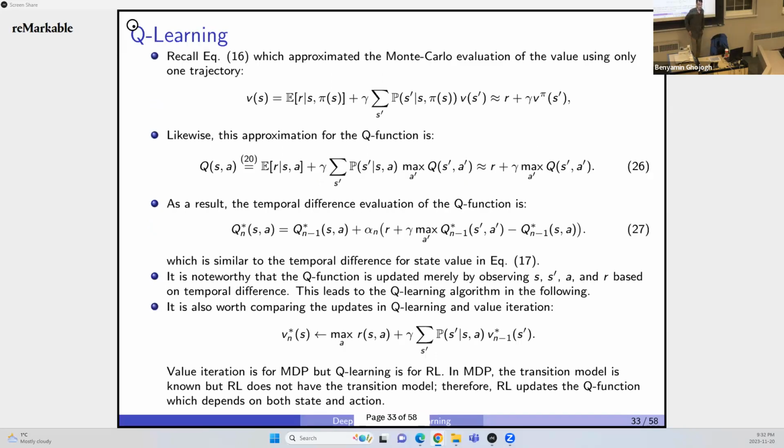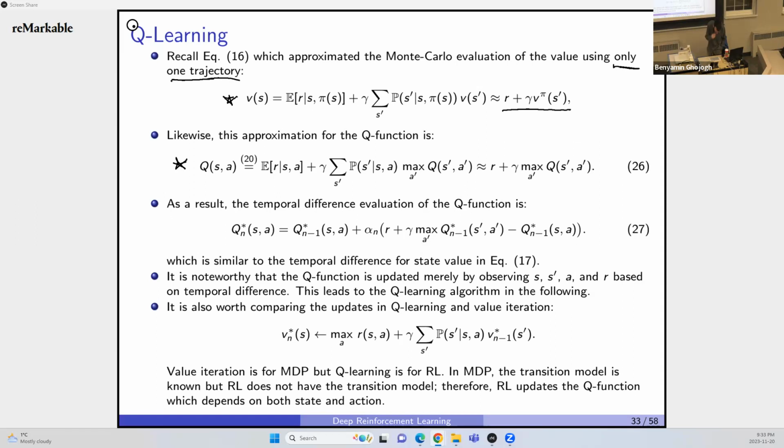Where were we? Do you remember this value which we evaluated? This is the Bellman equation, but evaluated by Monte Carlo evaluation using only one trajectory. I said it's an awful approximation, but they do that. They use it in temporal difference. Likewise, the approximation for Q function is this. As I said, whatever we have for value V, we also have it for Q function.